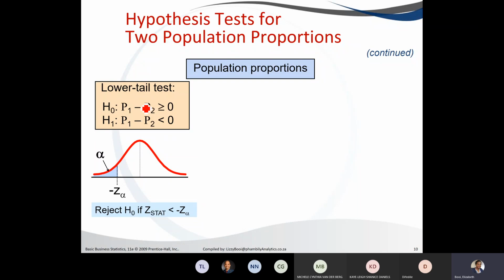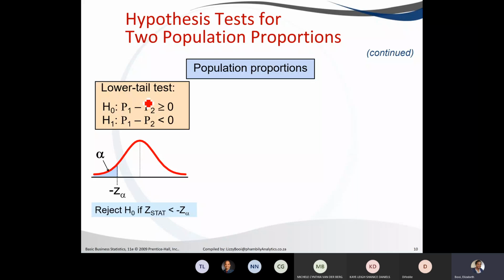In your alternative, if the researcher wants to test whether something is less than, it goes into your alternative, and it also shows that you're doing a one-tailed test, so you're going to have one side of your region of rejection.